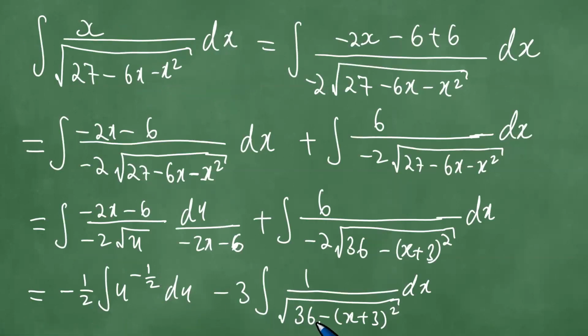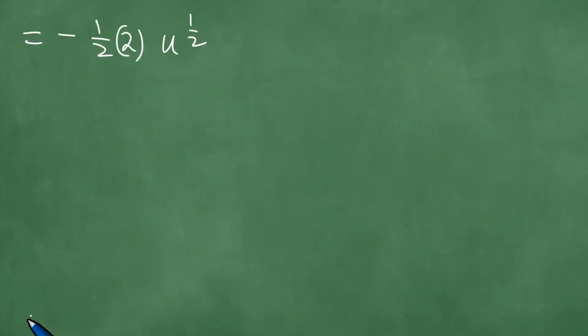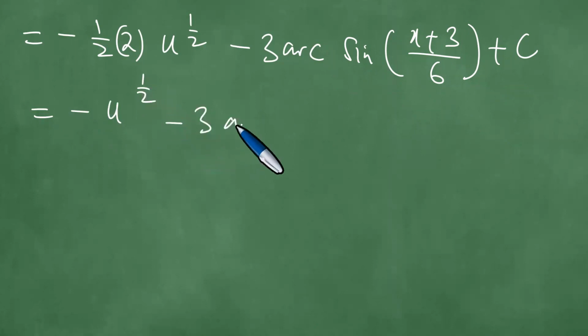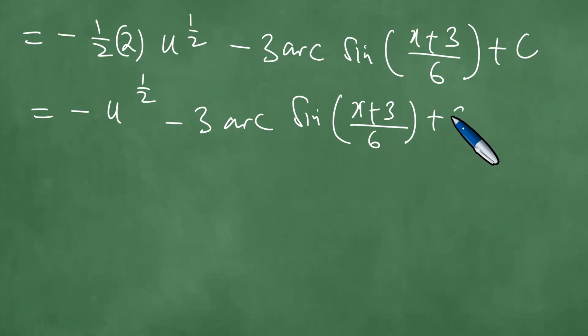And therefore, the integral of this here, 36 is the same as 6 squared. And therefore, this is arc sine, minus 3 arc sine of x plus 3 divided by 6 plus c, which is minus u to the 1/2 minus 3 arc sine of x plus 3 plus c.